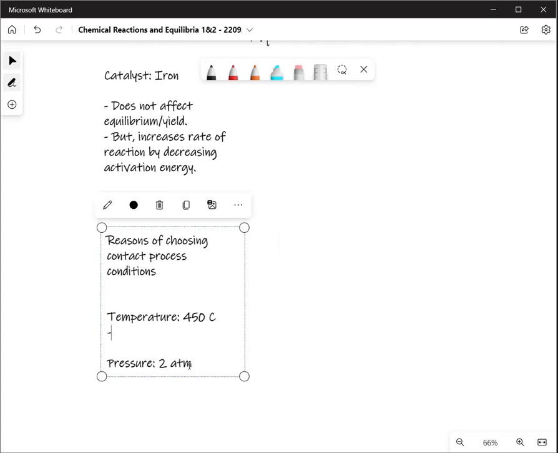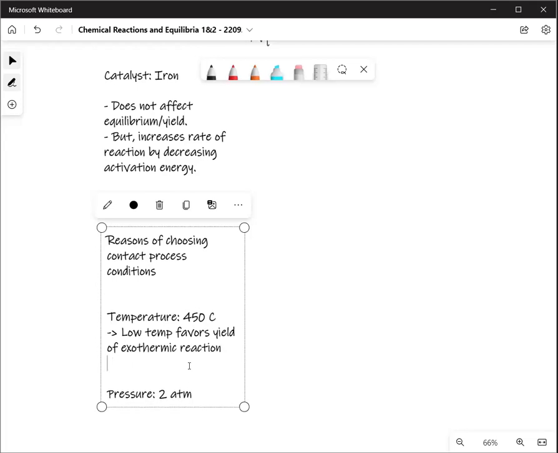Now, why do we need this temperature? Low temperature favors yield of the exothermic reaction, but high temperature increases rate of reaction.